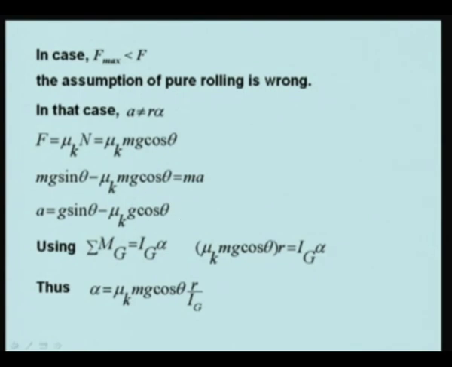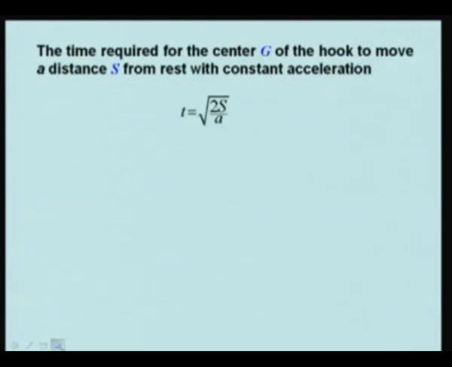So you get a different result, and we can of course use sigma M_G is equal to I_G alpha, that means mu k times mg cos theta into r is equal to I_G times alpha. So alpha is equal to mu k mg cos theta r divided by I_G. That way we can find angular acceleration and linear acceleration both, although they may be unrelated.